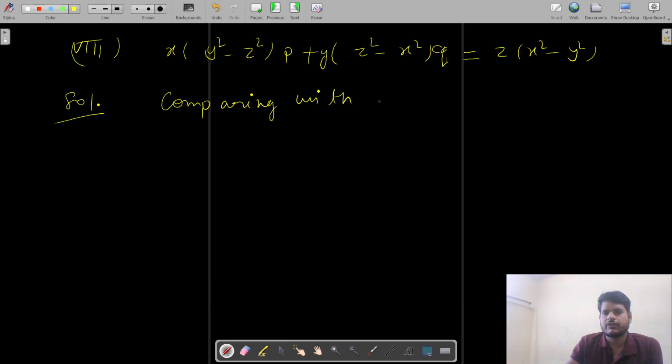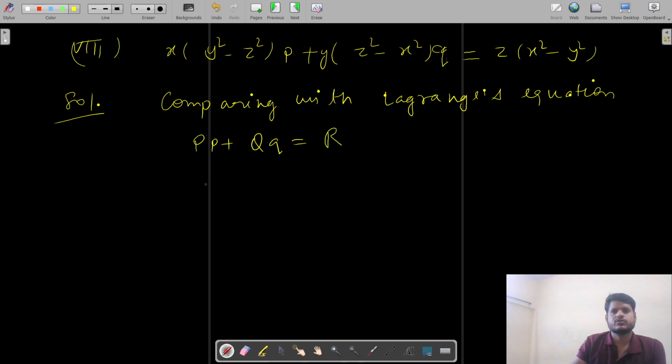Compare now with the Lagrange equation, that is capital P small p plus capital Q small q is equal to R. So we have capital P is equal to x times (y square minus z square), right?